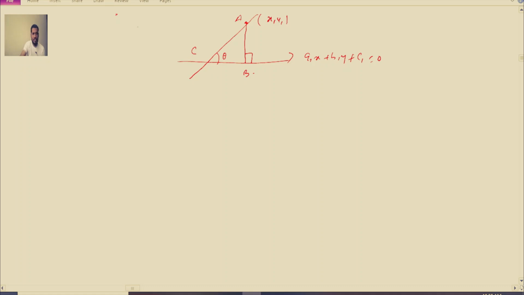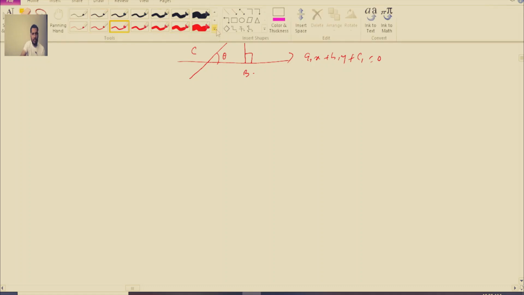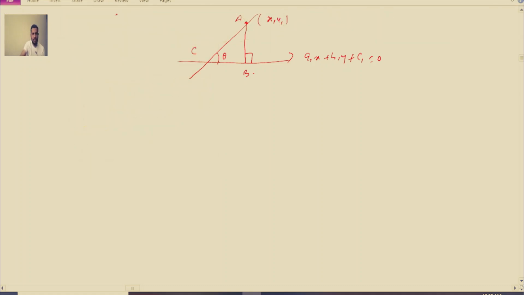Suppose this one is C, say (x2, y2), and this one is theta. One thing to notice in this triangle ABC, you will find very easily by using the formula of perpendicularity. Let's say this one is R1, this one is R2 and this one is R3.